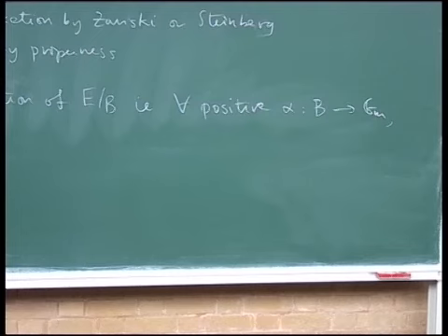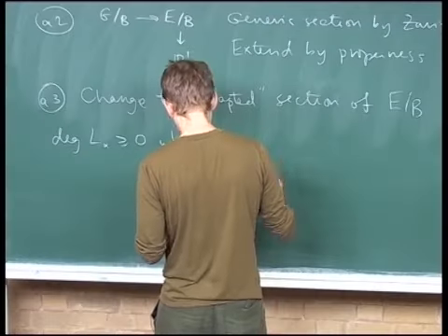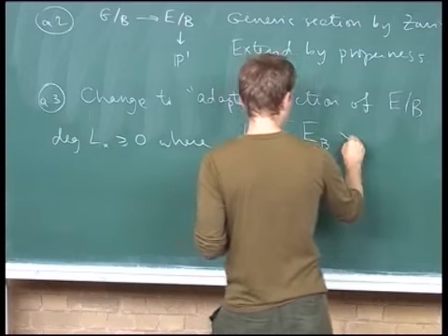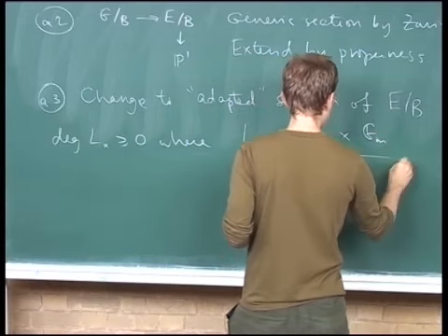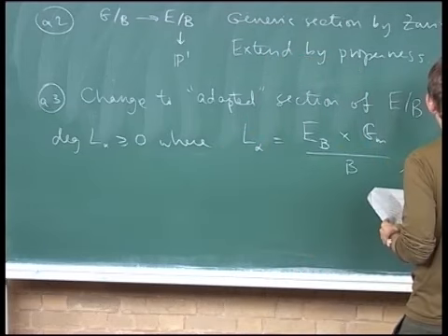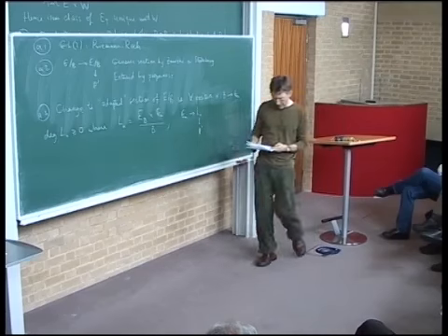I now have a principal B bundle, EB, and I can take the associated line bundle, L alpha, so L alpha is the principal B bundle, EB, with structure group extended via alpha to GM. It's just a line bundle on P1, and I want it always to have non-negative degree.